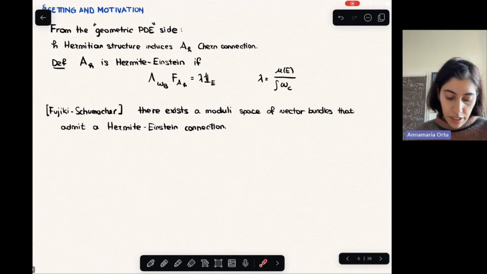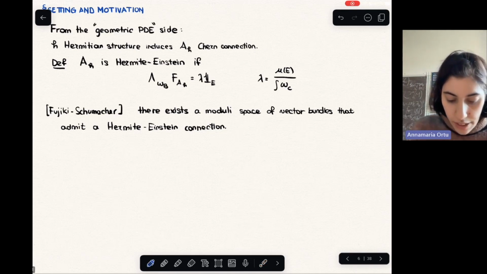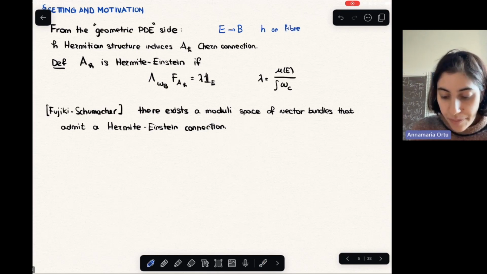So if you take a Hermitian structure, a Hermitian metric on E, this is a Hermitian inner product on the fibers of E, and so we have E over B and H on the fibers of E.